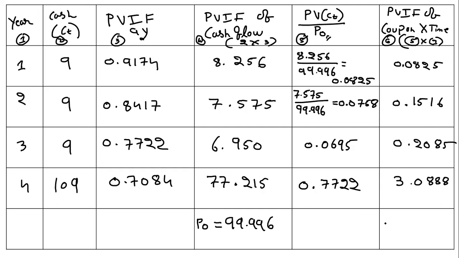So after adding this, we get 3.5314. So the bond duration is 3.53 years.